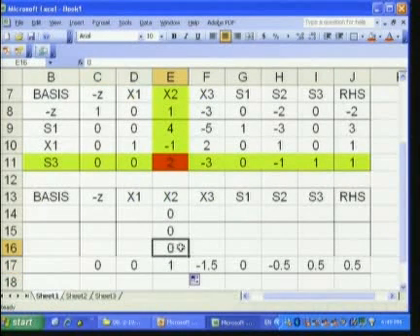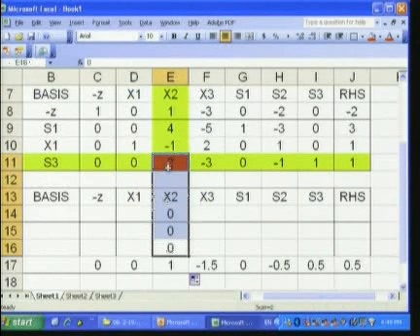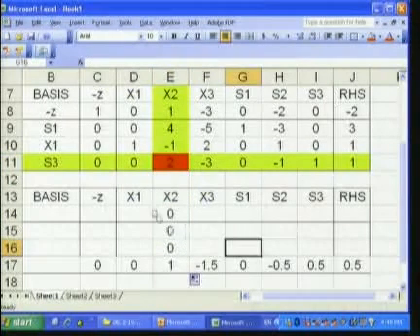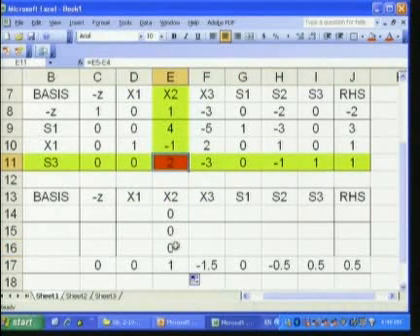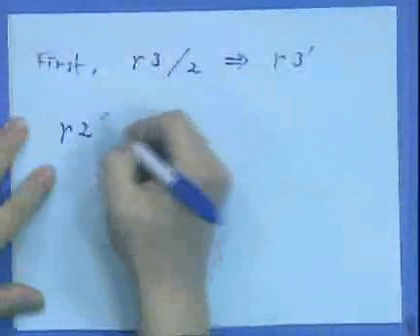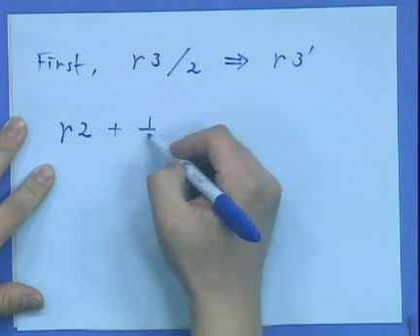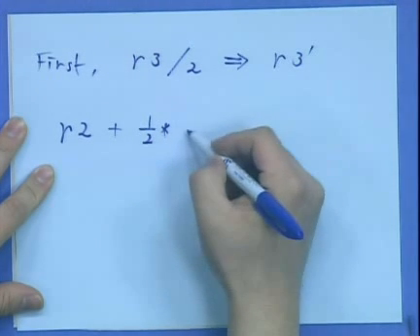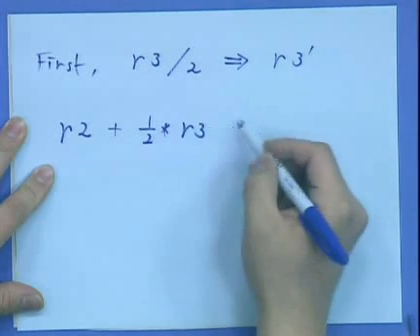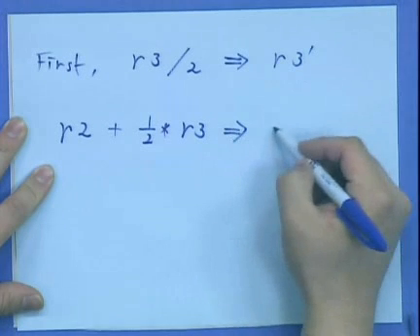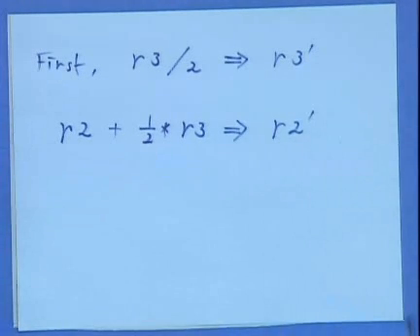What about this? How do you make this down here 0 from -1? Using this pivot cell. How would you do that? The row number 2 plus 1/2 times pivot row, which is row number 3, becomes new row number 2.